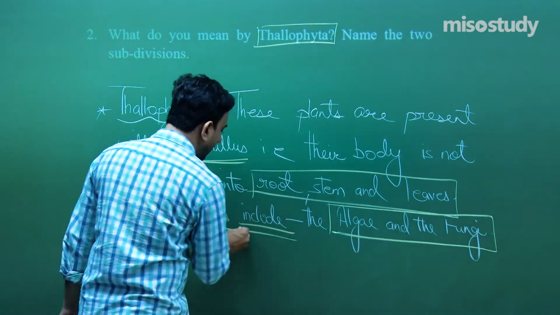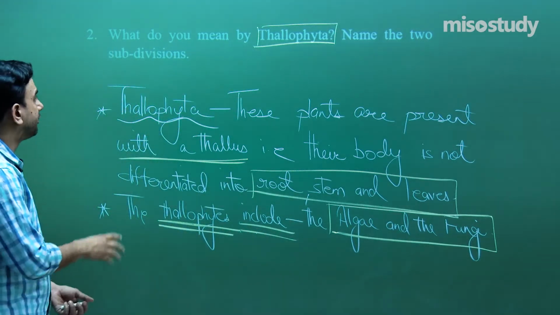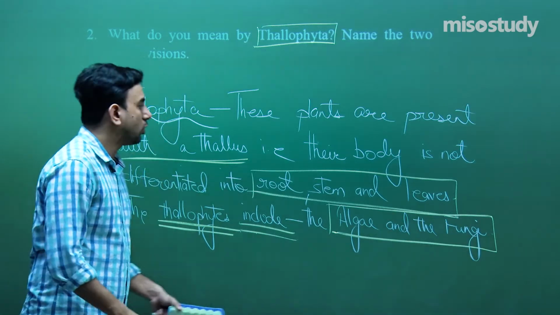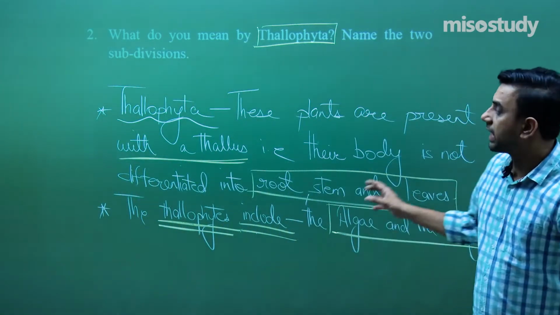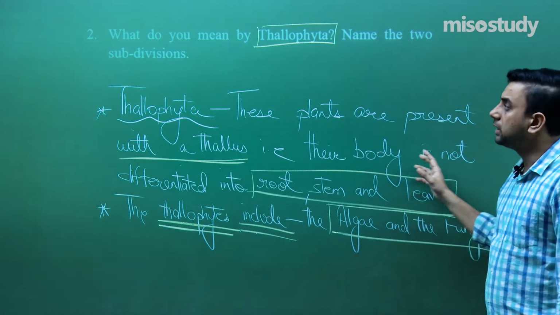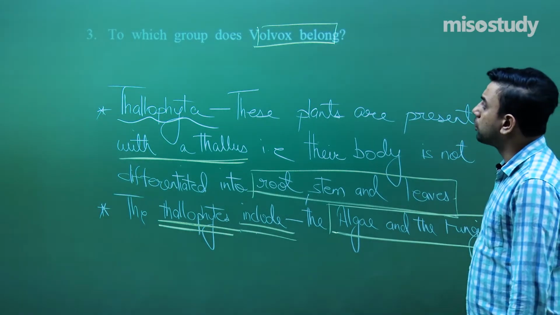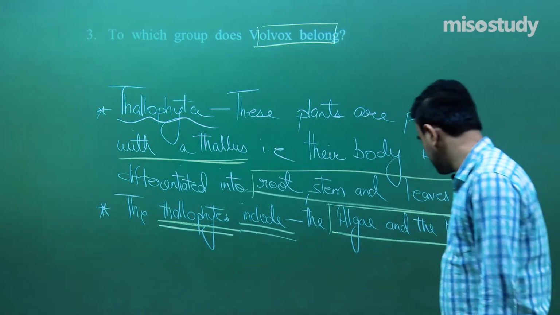After this we will be moving on to the next question, which will again be of 1 mark: to which group does the volvox belong?